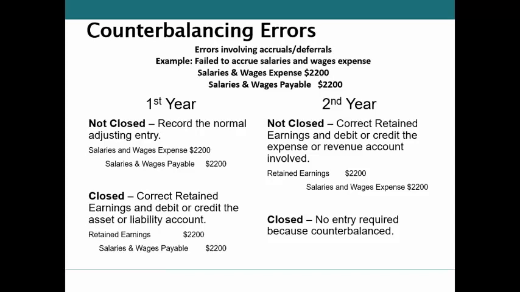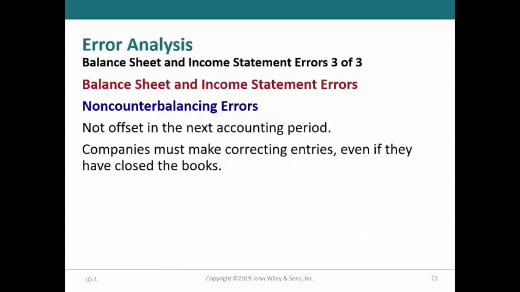Now, if the error is not discovered until after the books for the second year have been closed, there is no need to make an entry because the overstated salaries and wages expense would have already been closed to retained earnings and the error counterbalanced. Non-counterbalancing errors are those that do not offset in the next accounting period.